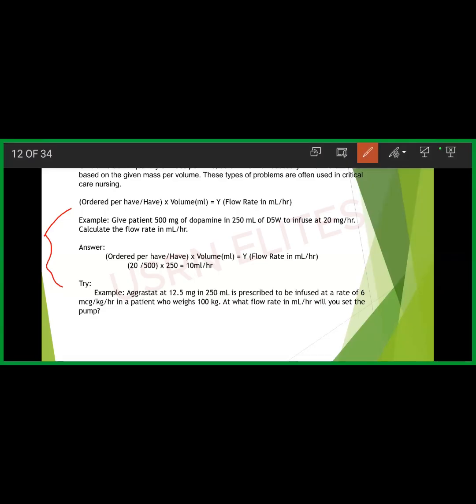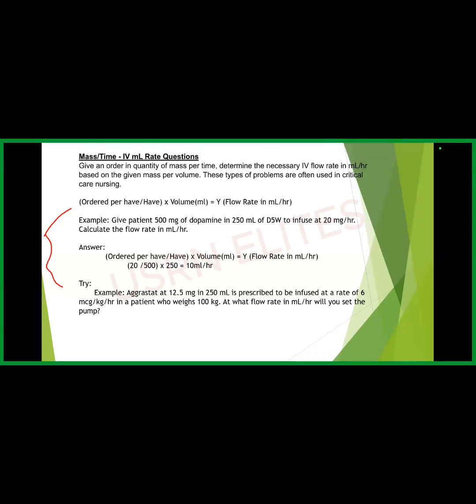Okay, so let us see this one. They're asking you to give 500 milligrams of dopamine in 250 mils of dextrose 5% in water to infuse at this rate, 20 milligrams per hour. And they're asking you how many mils per hour will you set the rate to go, or calculate the flow rate in mils per hour.